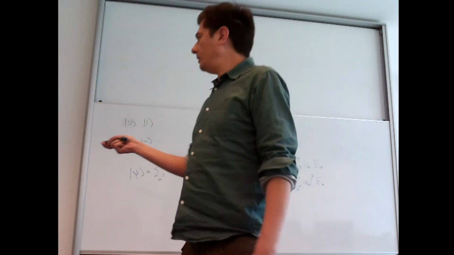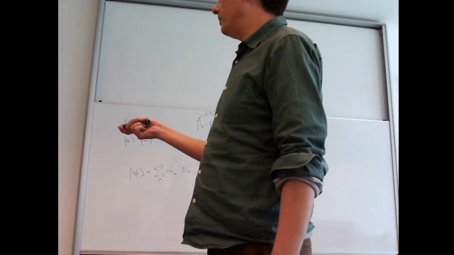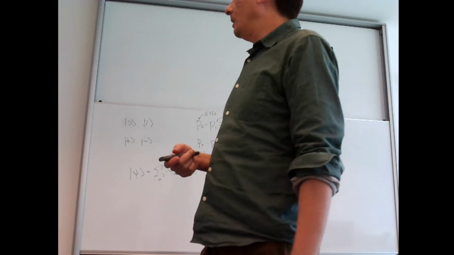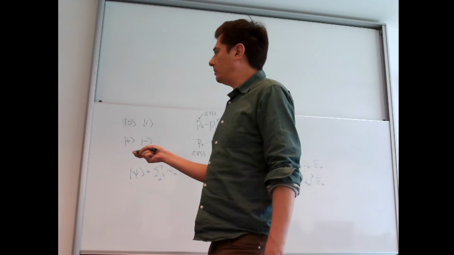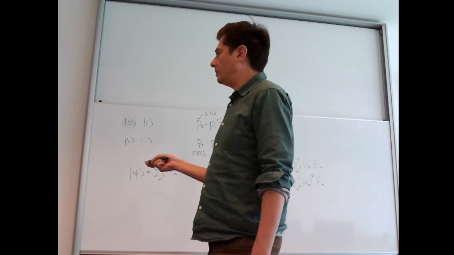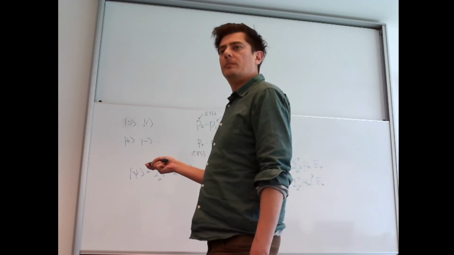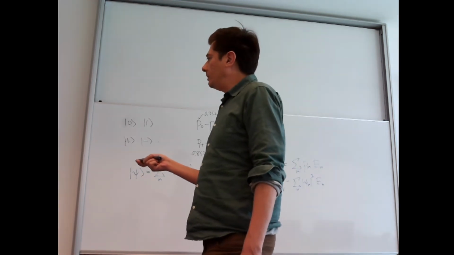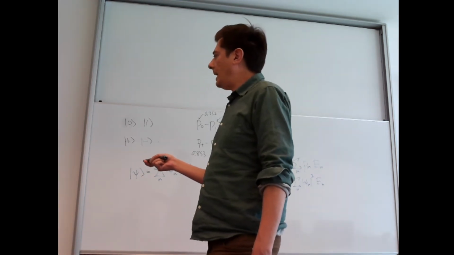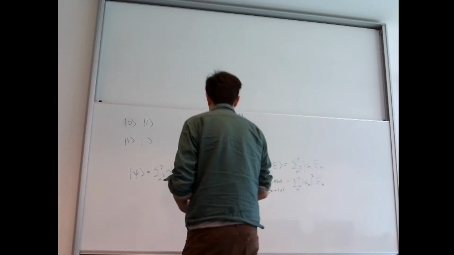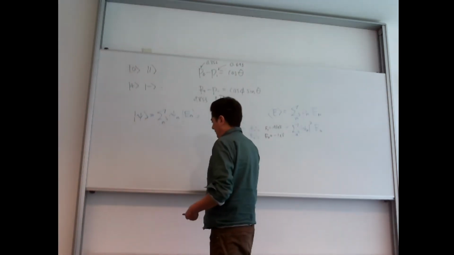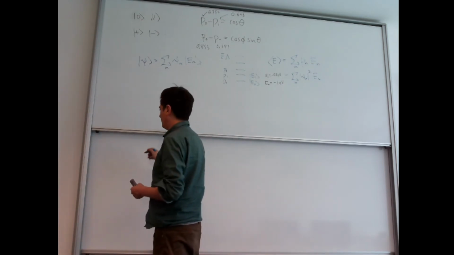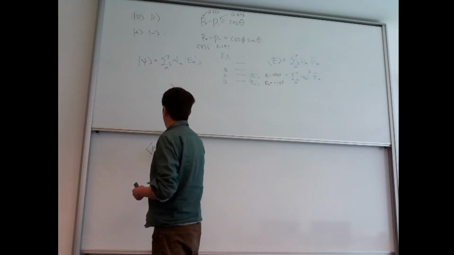So I've written a_n here, so a_n modulus squared. Another way to actually write this is like this. So if you take the inner product of this with n, okay, let me just write it out. So that's the same thing, because you work out what this is.